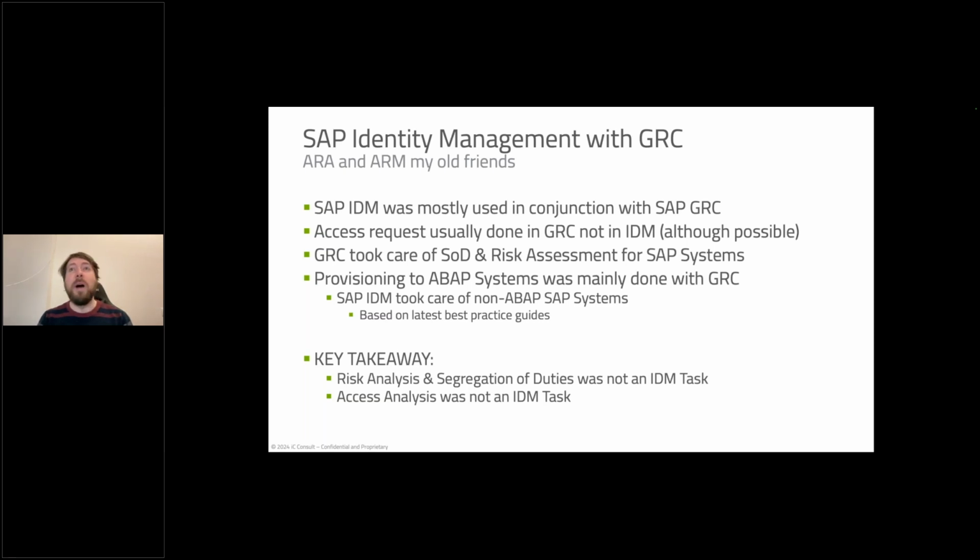Also in the past, it was always a discussion between the engineers: should SAP IDM do the provisioning to the ABAP systems, or should GRC do the provisioning? It's a bit of an oddball from an outside perspective, because GRC could provision into ABAP systems, R3 systems, directly without using SAP IDM, although this was mainly done by SAP IDM, and SAP IDM mainly took care of non-ABAP systems.